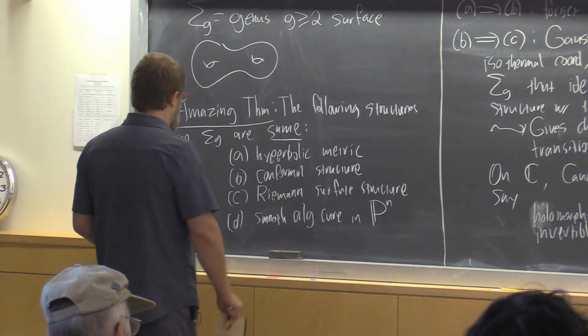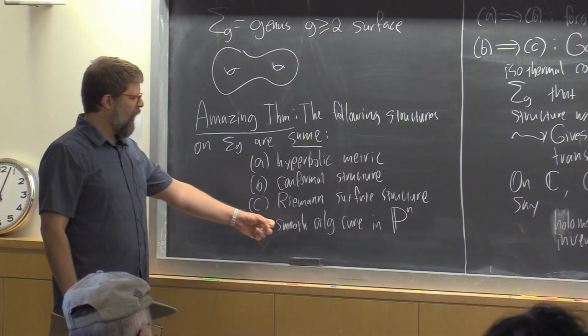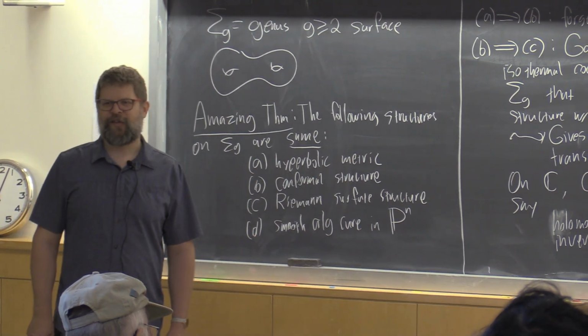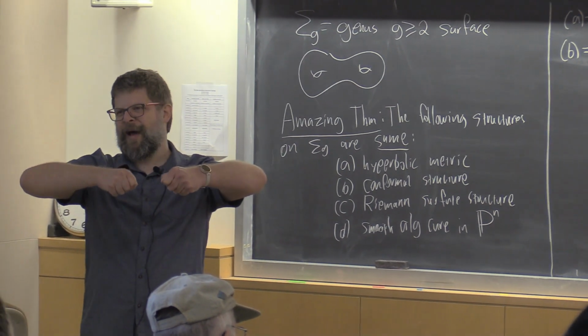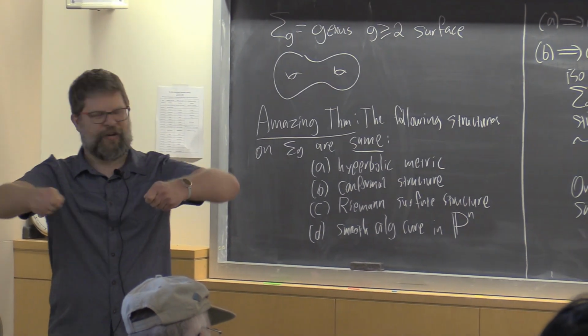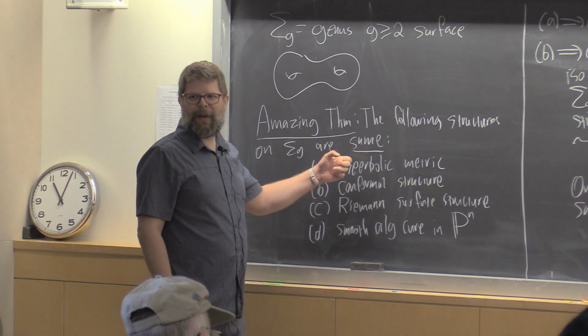So you can imagine deforming any of these structures. If I have, for instance, an algebraic curve structure, this is the vanishing locus of polynomials, and I can change the coefficients of the polynomials, and that changes the algebraic curve structure. If I have a hyperbolic metric, well, it's hard to deform a hyperbolic metric.